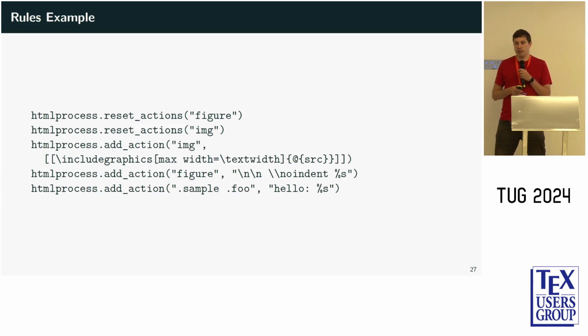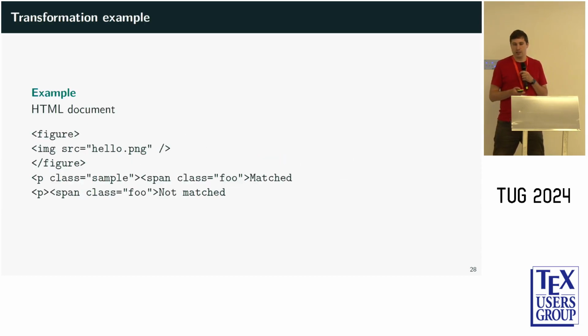And now to show you how to use CSS selectors. When we find an element that has class foo and is a child element of some element that has class sample, it will print hello and then the contents of the element. So here is an example.